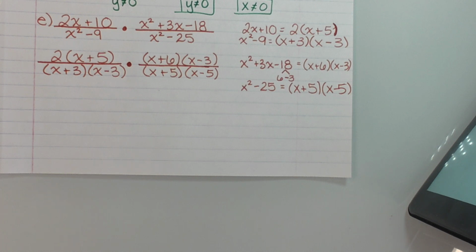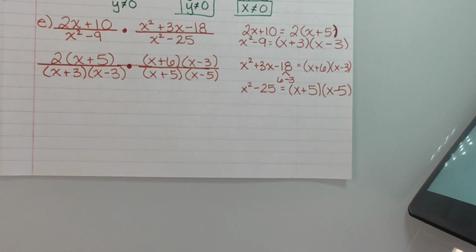Is it multiply or divide? It's multiply. How do you multiply fractions? Straight across. You want to know the lazy way to multiply when they're fully factored like this?